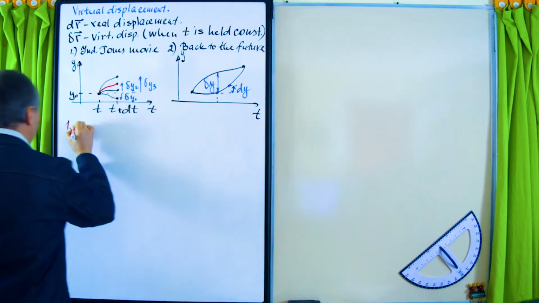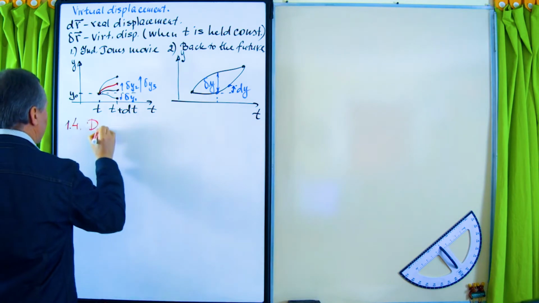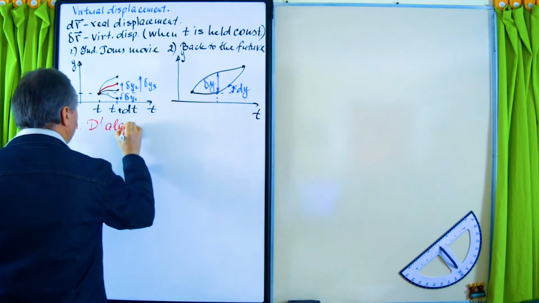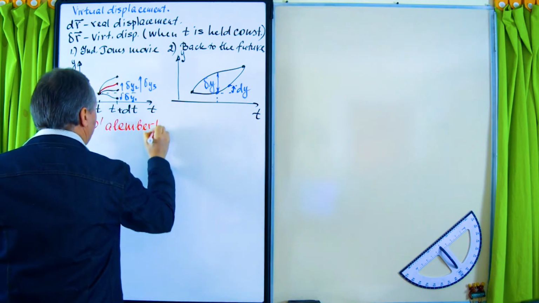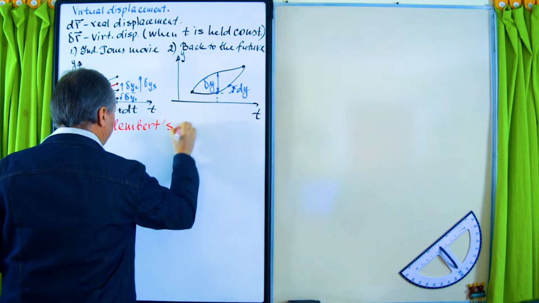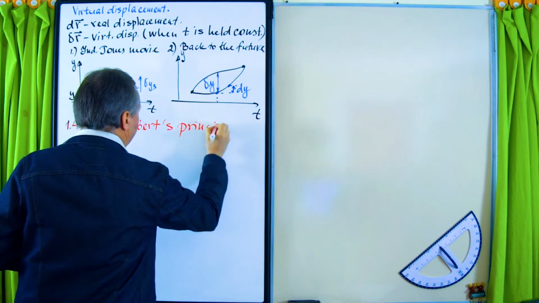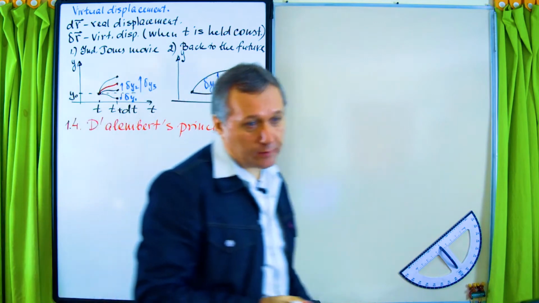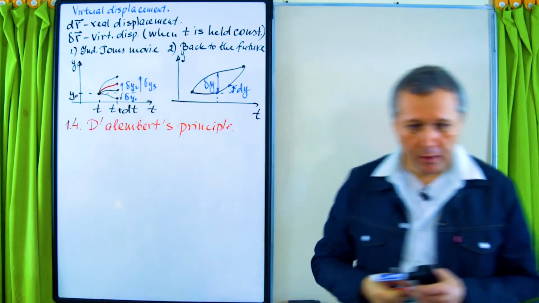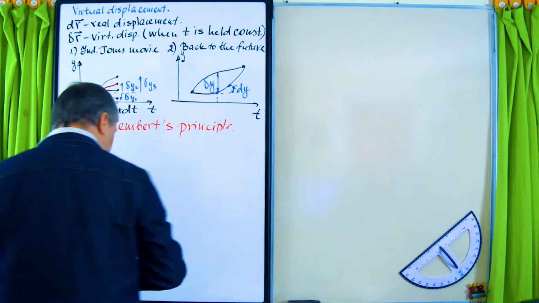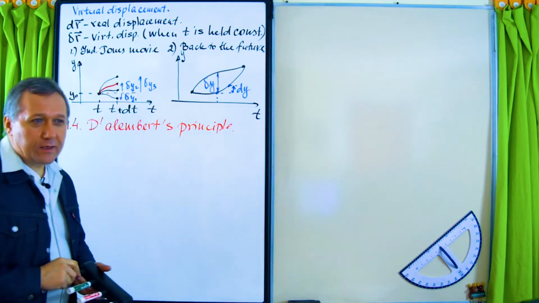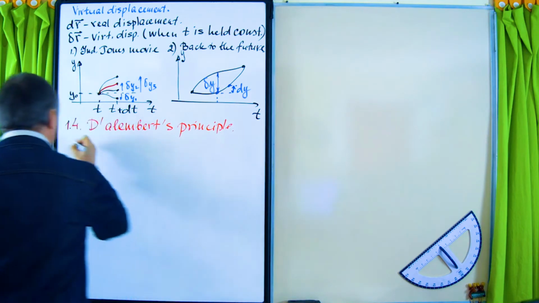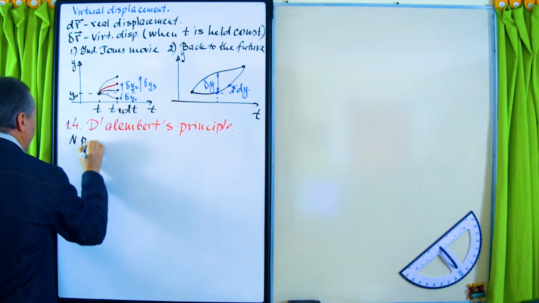Let's first introduce d'Alembert's principle. And then, of course, we will naturally introduce and derive the Lagrange equation. All right, so let's assume that we have a multi-particle system, completely arbitrary, right? So let's assume that we have n particles.